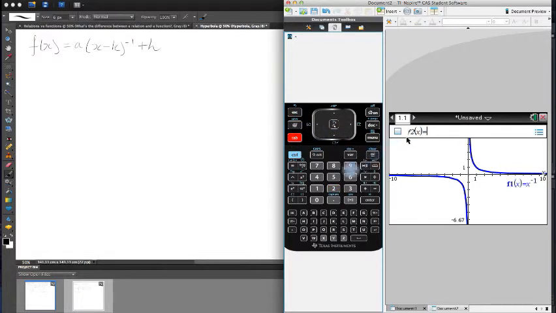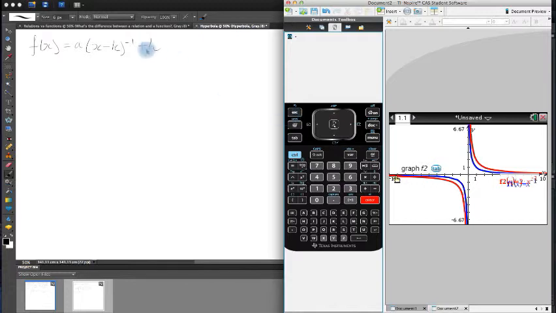This time 2 times x to the power of -1. So here we've got a dilation factor of 2, and you can see how it is dilated. There we go, it's been a little bit dilated.